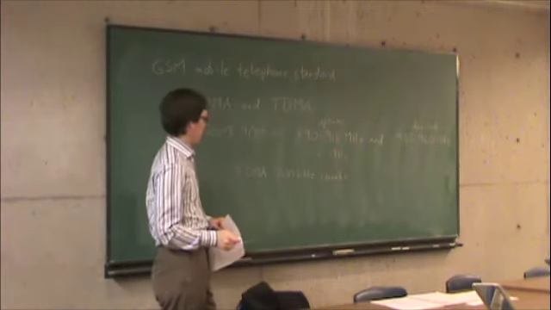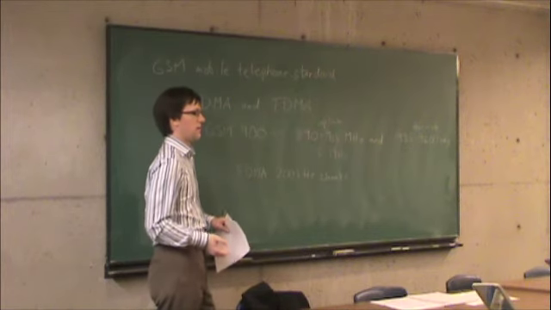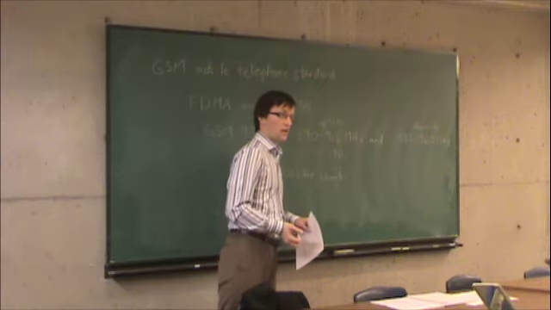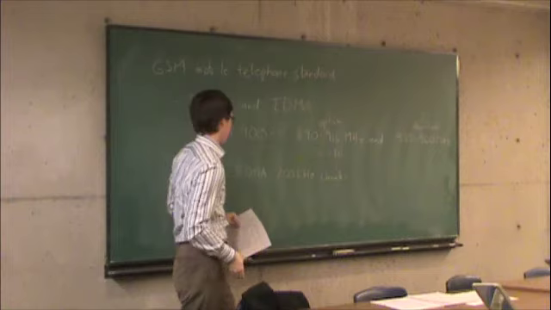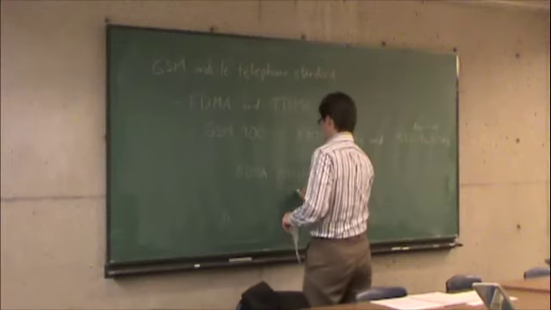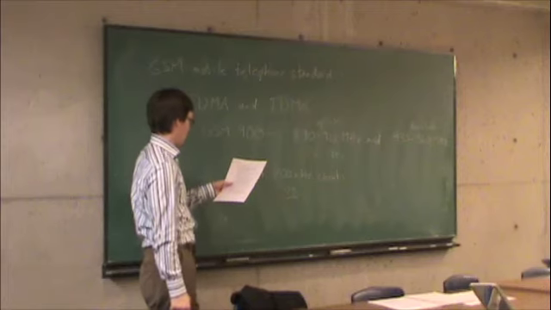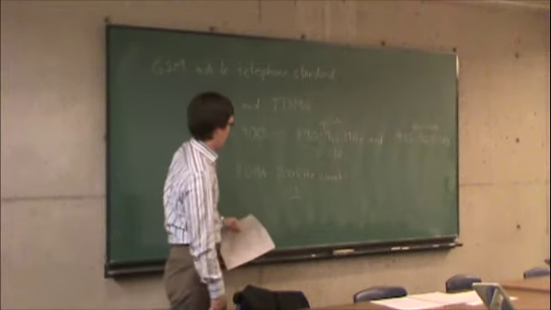So in 25 megahertz, how many 200 kilohertz chunks are there? 125. Close though, I was off by 5%.